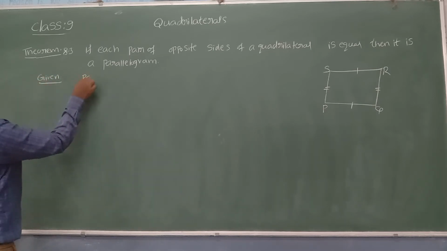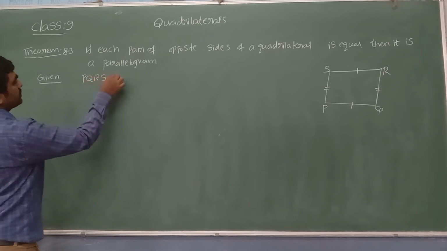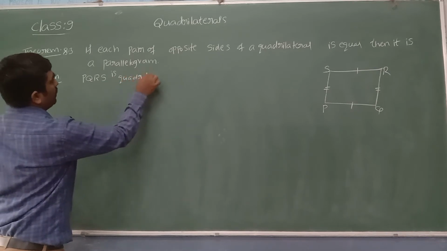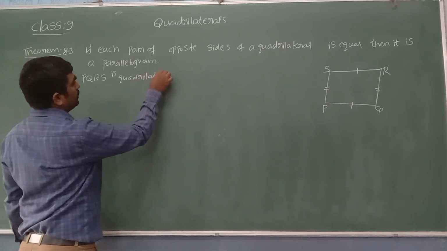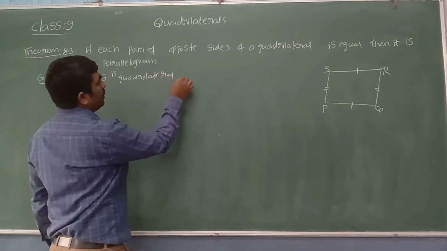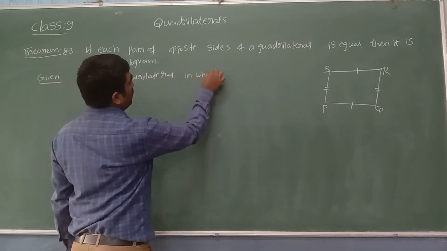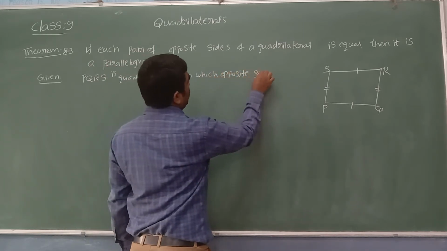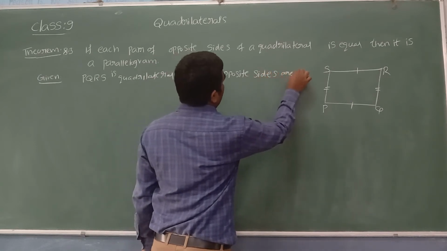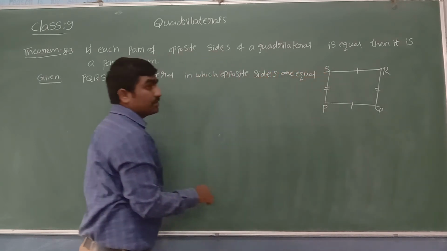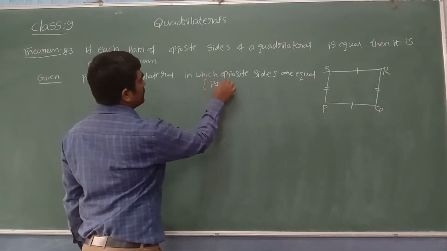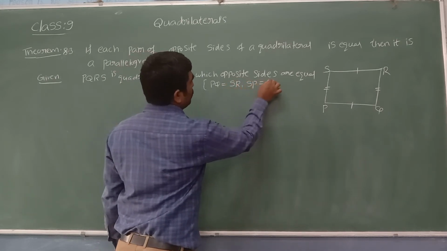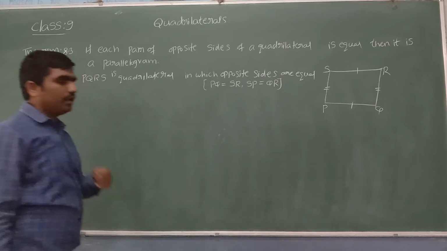Given: PQRS is a quadrilateral in which opposite sides are equal. What are the opposite sides? Here the opposite sides are PQ equal to SR and SP equal to QR.